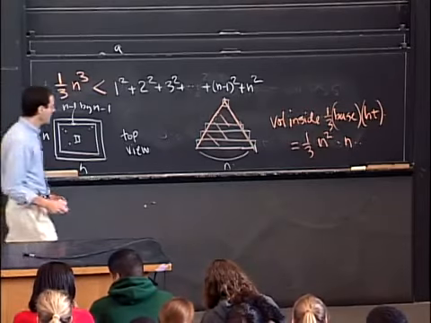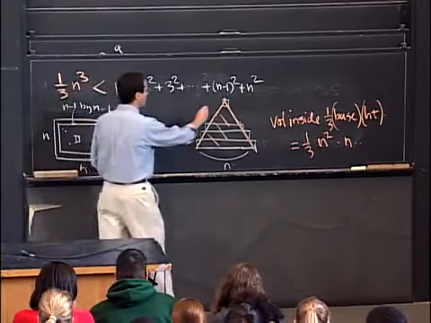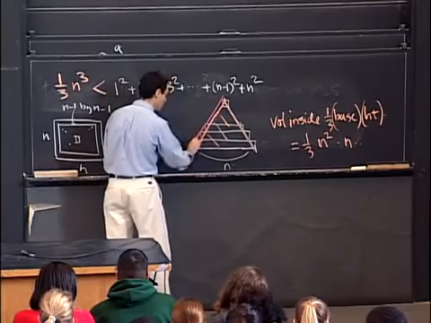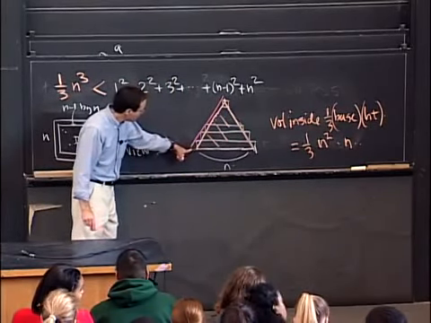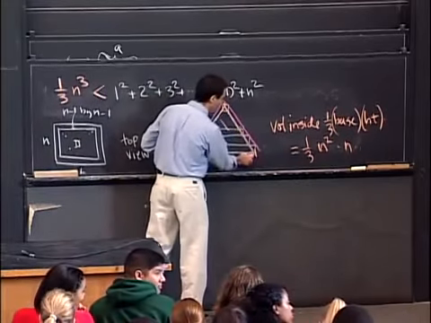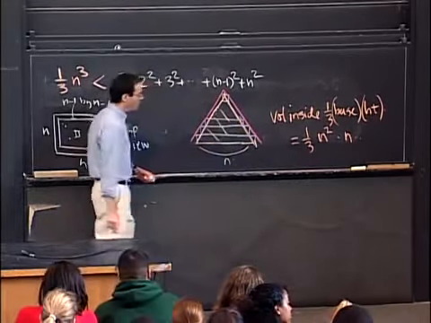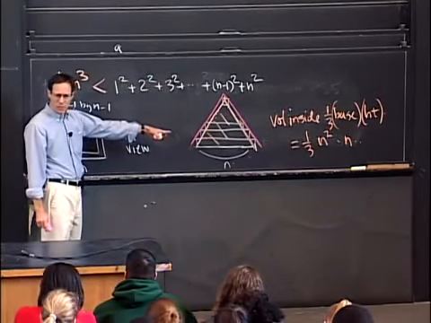On the other hand, I can trap it on the outside, too, by drawing a parallel line out here. And this will go out a half more on this side and a half more on the other side. So the base will be n plus 1 by n plus 1 of this bigger pyramid.